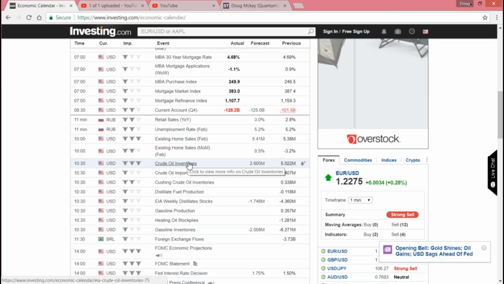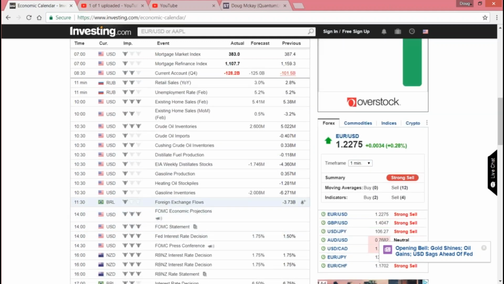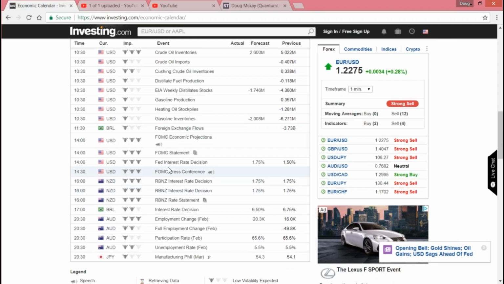At 10:30, we've got crude inventory, and then of course the big news happens later in the afternoon at 2 o'clock Eastern time with the FOMC economic projections, the statement, the rate decision, and then 30 minutes later we are going to have a press conference, and that is going to be the format moving forward with Powell. He is not going to do a press conference every fourth FOMC. He's going to do a press conference every time, which will increase the volatility time of that Fed rate decision trades that you may put on.